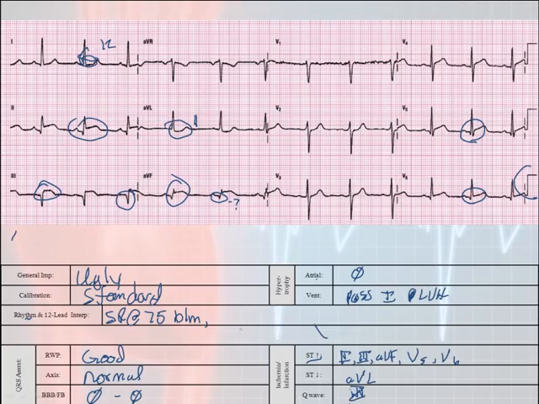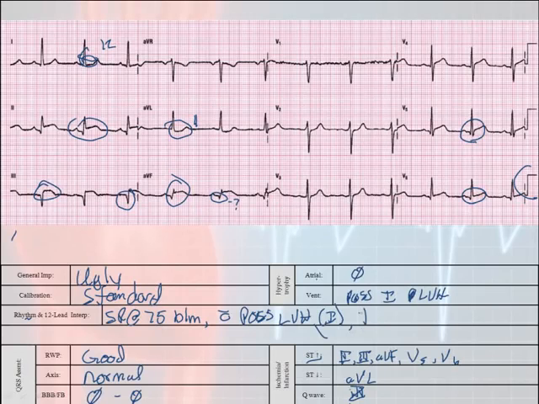So how do we interpret this? Sinus rhythm at 75 beats a minute. And like I said, just start here and work your way across all of the interpretation. Sinus rhythm at 75 beats a minute with possible LVH in lead 1.